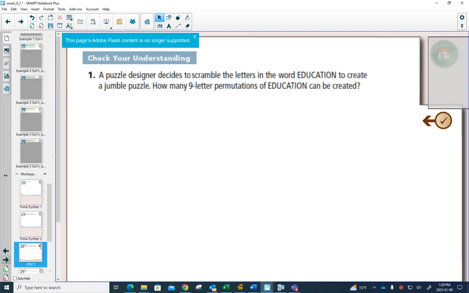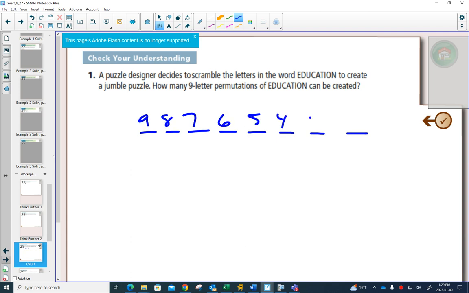First word puzzle is we have the letters to the word education. If you wanted to make different arrangements of the letters for education, there's 9 letters in total. And if you wanted to figure out how many different words you could make, you could do 9 spaces. 9, 8, 7, 6, 5, 4, 3, 2, 1.